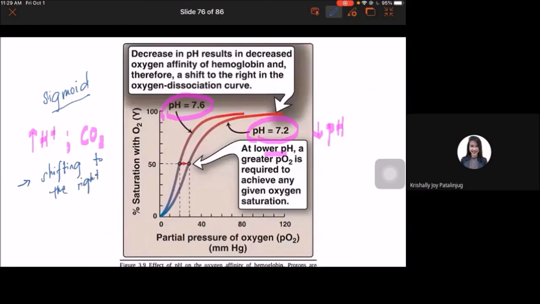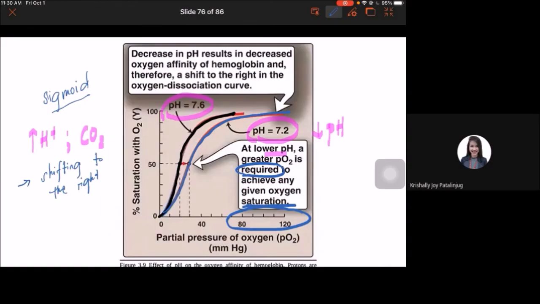'Di ba? Kung i-compare natin yung dalawang graph, itong basic graph, pag naging lower yung pH, nag-move ngayon yung graph to the right. 'Di ba? Gumalaw yung graph to the right. Kasi yung nangyayari dito, para ma-compensate ng katawan yung nangyayaring low or less oxygen binding, we should require now greater oxygen pressure. Okay? Para ma-achieve ngayon ni hemoglobin yung sapat na oxygen saturation.